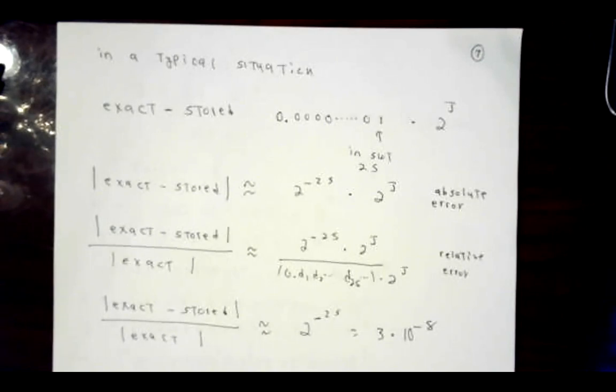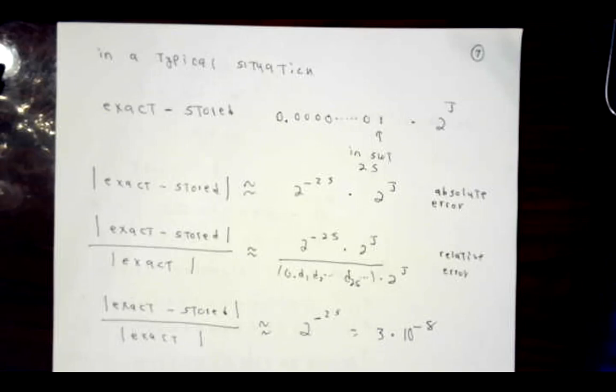If I told you that this difference was 10 and then asked you, is that a lot or is it very small? It'd be difficult to say because you don't know the scale of the thing we're talking about. If the absolute error were 10, but the true exact number was 40 billion, then that would be excellent.